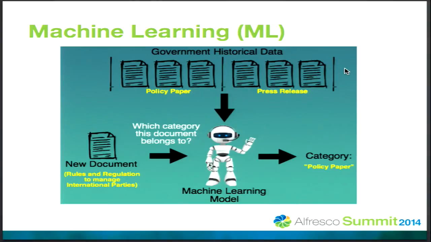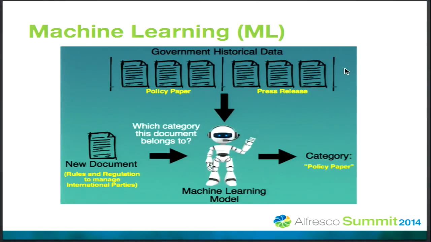Also, I think in our day-to-day life, maybe without knowing, we are using machine learning. How many of you know that your email provider is using machine learning for spam detection? Okay, there is one person.